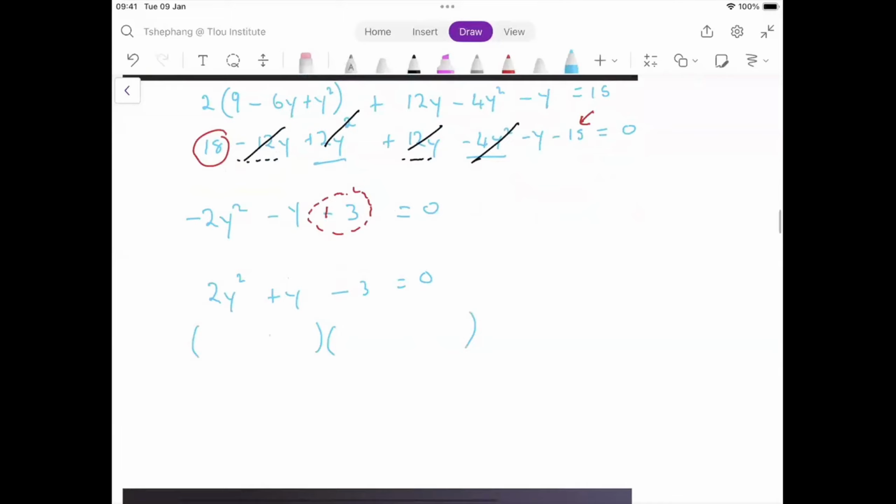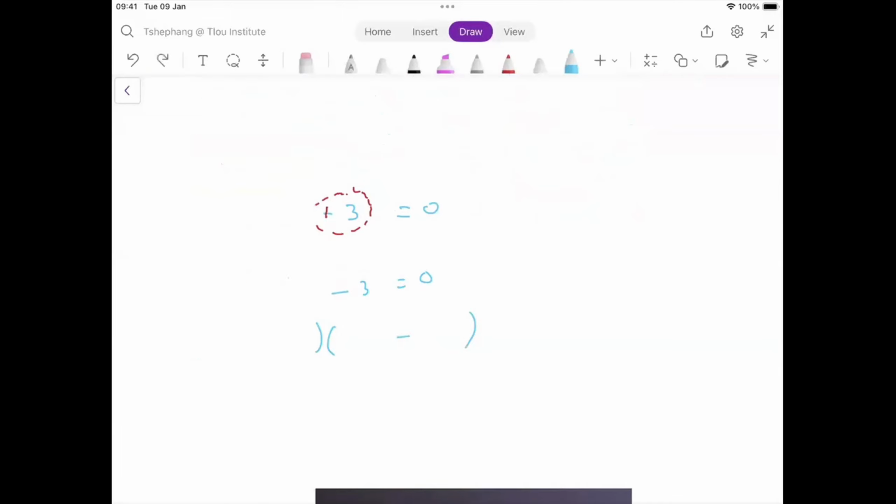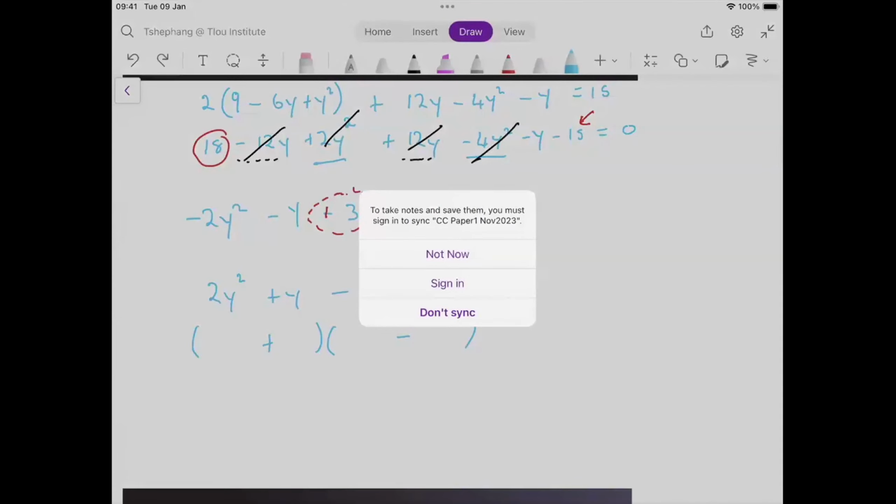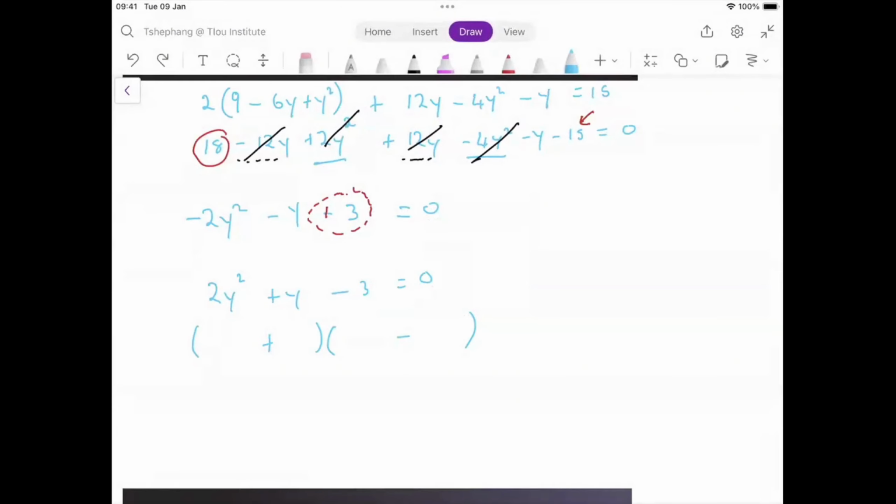Trying to factorize this positive and negative. So 2y, not 3y, 2y. Just a second there. So 2y and y. That should give me 2y squared. Then 3 and 1. So if I said 1 here and 3, let's check if it works.